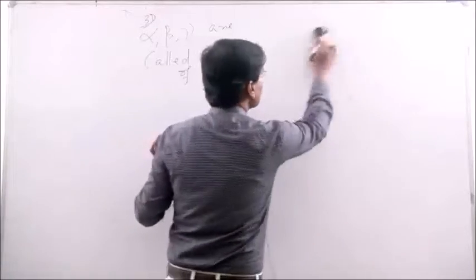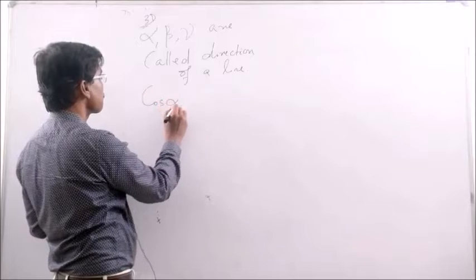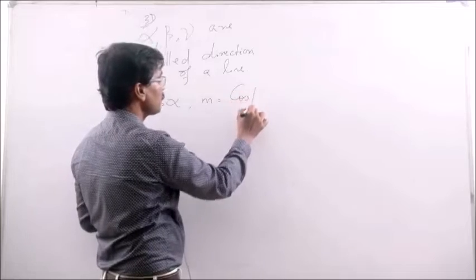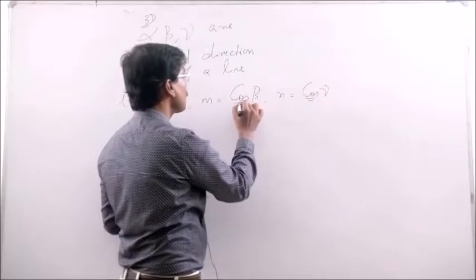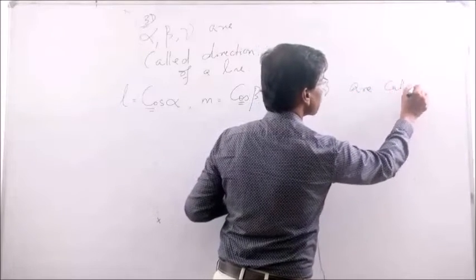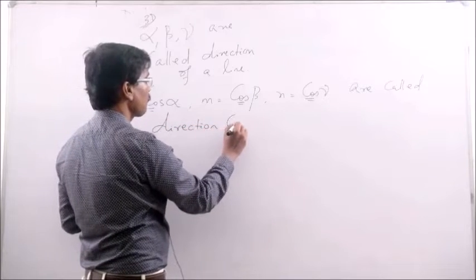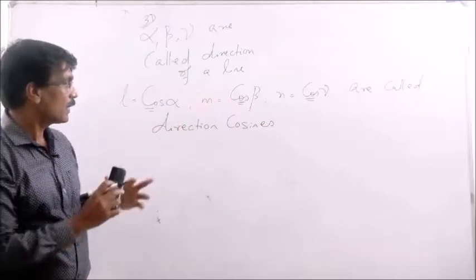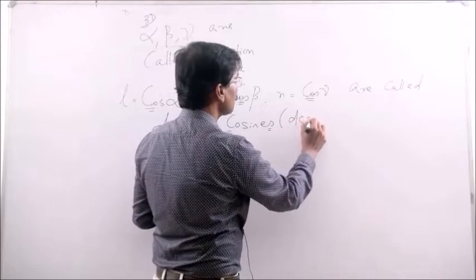Next, the cosines of direction, that is cos alpha, cos beta and cos gamma, we represent as l, m, n. These cosines of direction are called direction cosines. In short form we represent it as DCs.